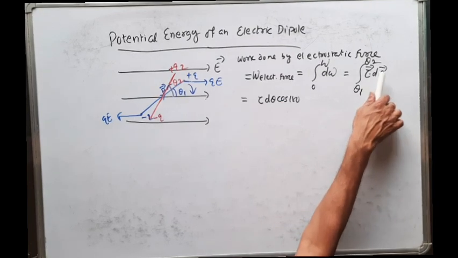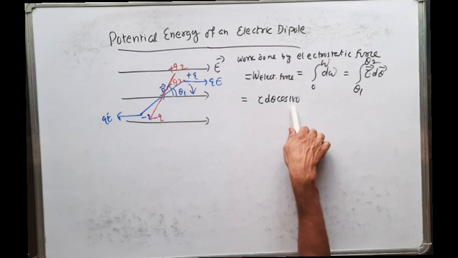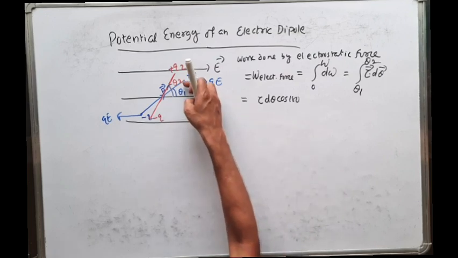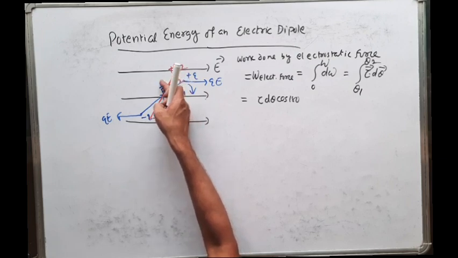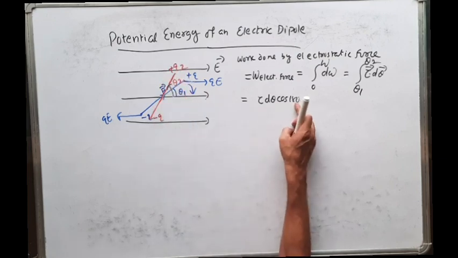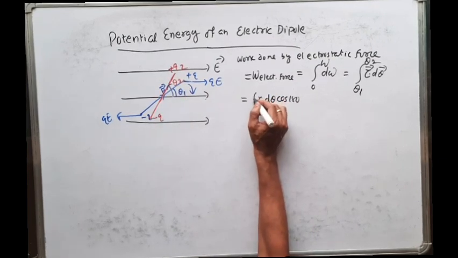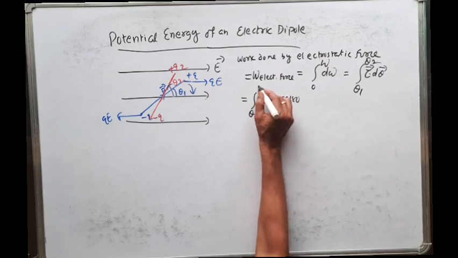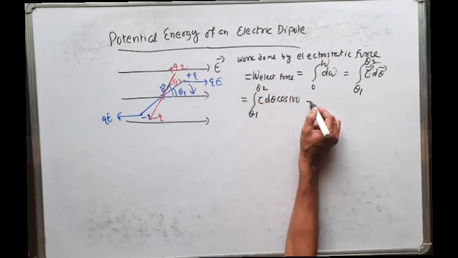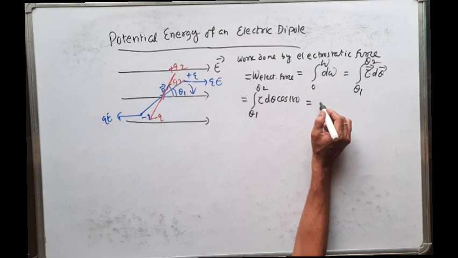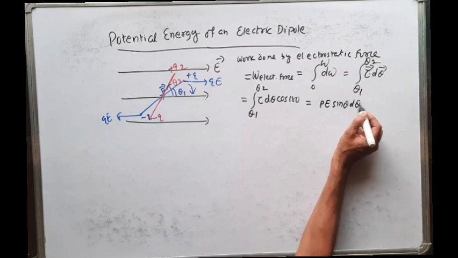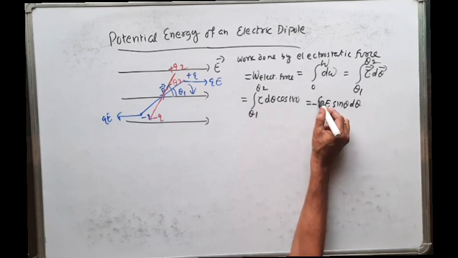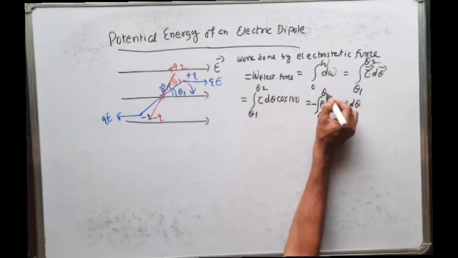A dot B is equal to AB cos theta. So here theta is equal to 180 degrees, because the torque due to the dipole is clockwise and the rotation is just opposite, that is anti-clockwise. So integrate this from theta 1 to theta 2. What is the value of torque? Torque is equal to pE sin theta, so the integral is pE sin theta d theta cos 180, which is minus, from theta 1 to theta 2.